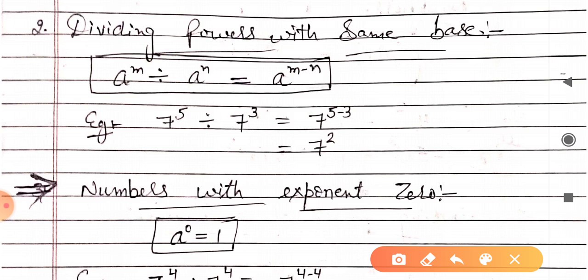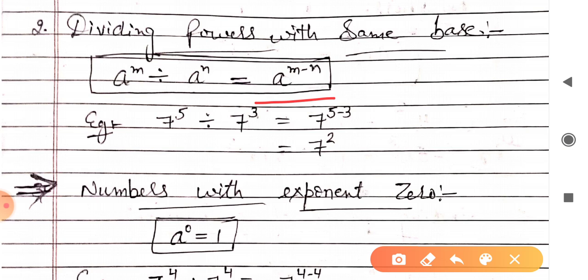When there is division, then we will always subtract the powers if their bases are same. A raised to power m divided by a raised to power n is equal to a raised to power m minus n. This is the general form of the second law.